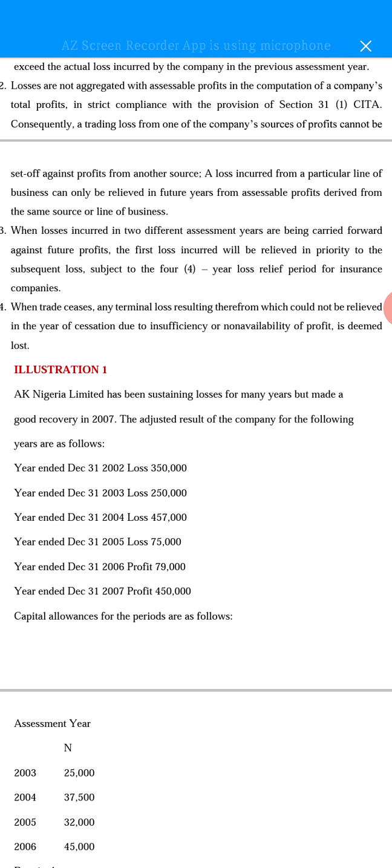You have to make sure you relieve that loss. If the company fails to relieve the loss wholly, probably because the profit made wasn't enough, the remaining loss will be written off. Then we'll now be focused on losses of probably year two and all the rest. I don't know if you get the point I'm trying to make.